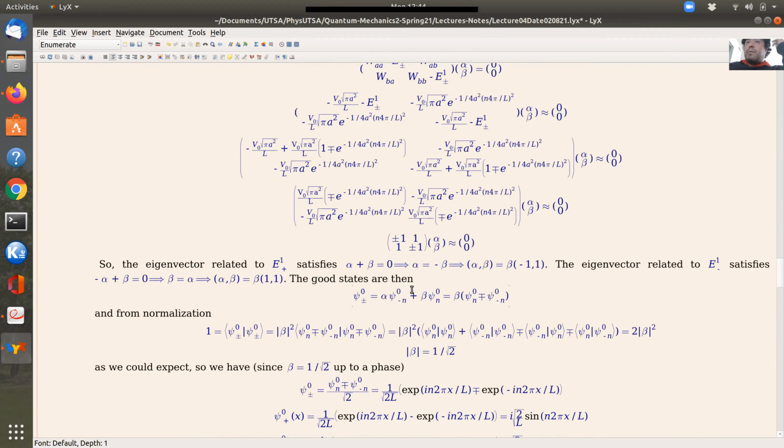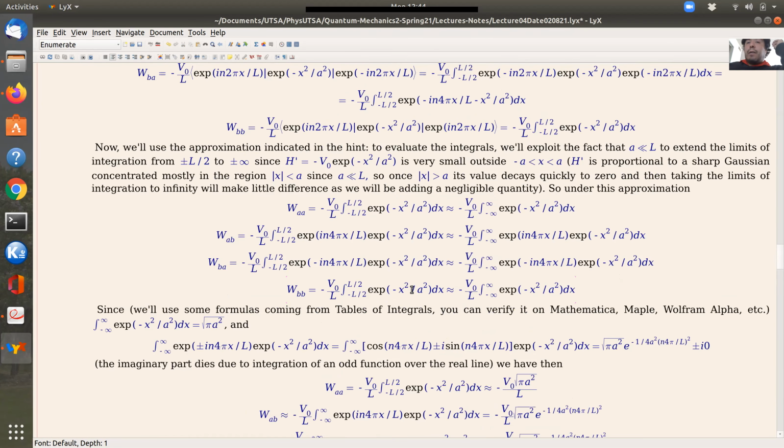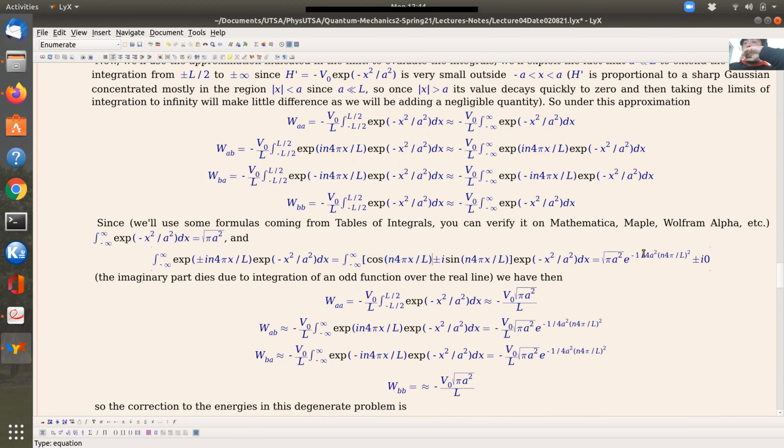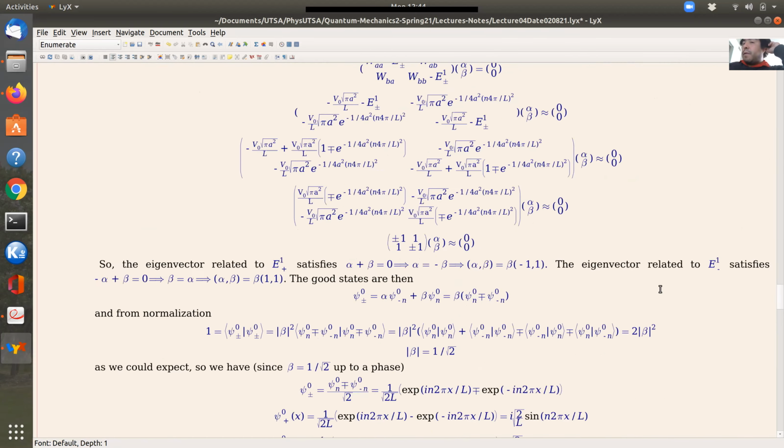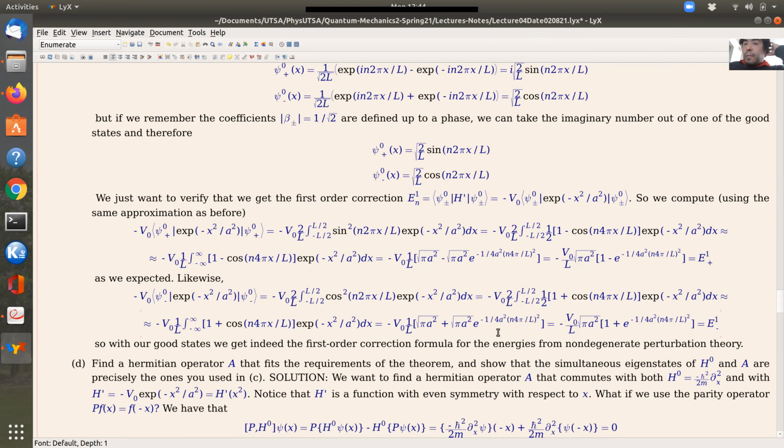Let's go back just to show clearly: we had this complex exponential, we divided it in a real part and an imaginary part, and we stuck with the real part because the imaginary died out. This is exactly the same. So we're going to use the same formula and actually retrieve the second coefficients that we found in a different way. Basically we have the sum of the two integrals that we had last time.